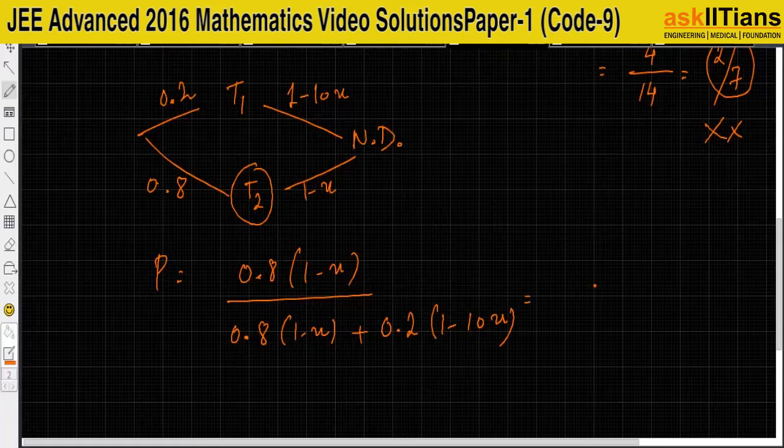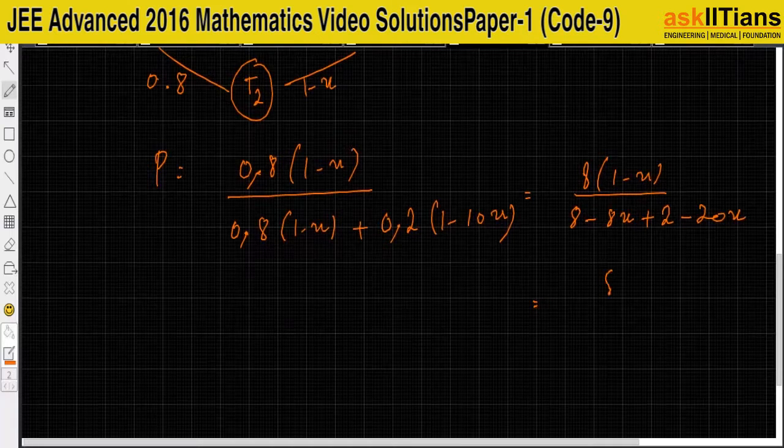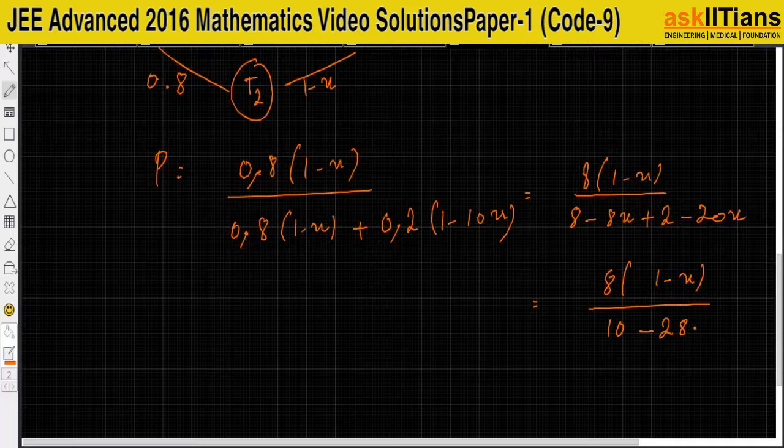Now if I solve this, I can cancel out the points. So I get 8 into 1 minus x divided by 8 minus 8x plus 2 minus 20x. So overall I will get 8 into 1 minus x divided by 8 plus 2, 10 minus 28x.